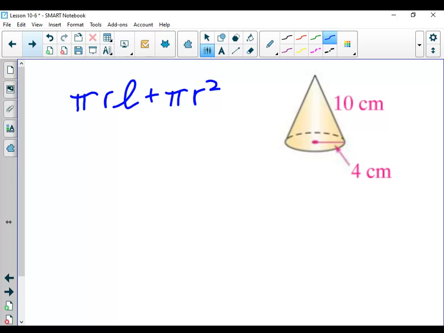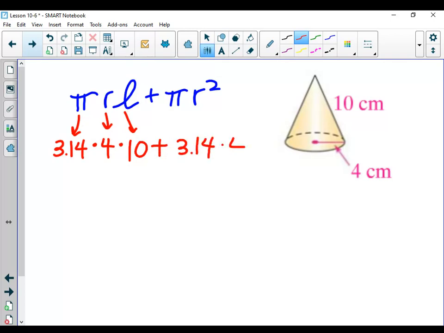What are we putting in for pi? What are we putting in for radius? What are we putting in for slant height? Just getting the numbers in the right spots.